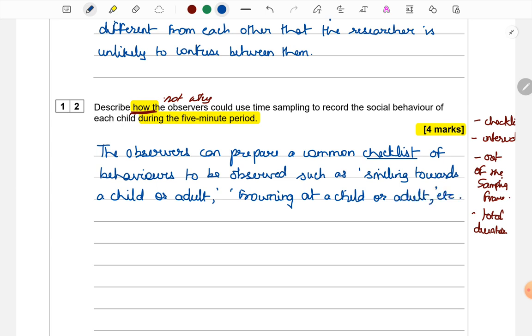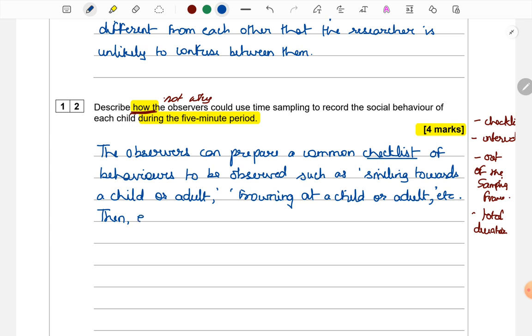Now, I cannot just say that they should start observing. There's to be clarity. They should start observing means what? Are they going to do it together and mark the checklist? No, I want them to do it independently. So "then" is a very good term here, because it shows one after the other what is happening.